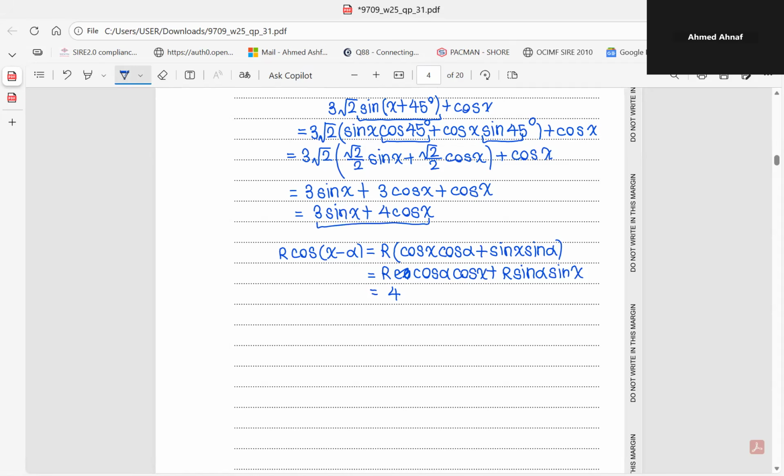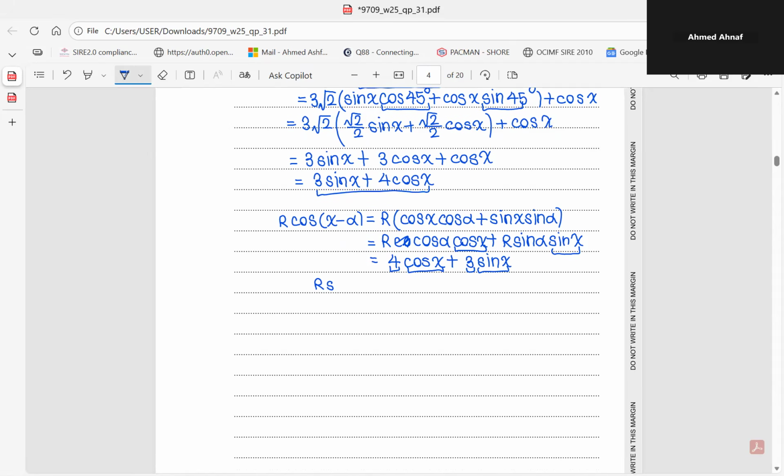I'm trying to equate the coefficients, so I'm swapping the terms so that it matches exactly. So 4 cosine x plus 3 sine x. Yeah, so you can see it matches. So we can clearly see that R sine alpha is 3 and R cosine alpha is 4.